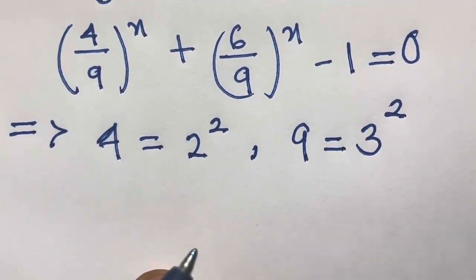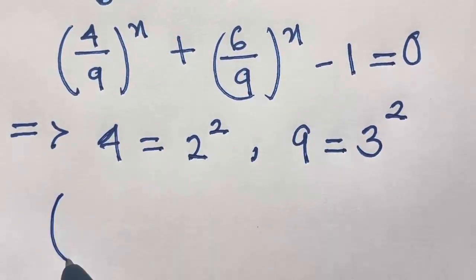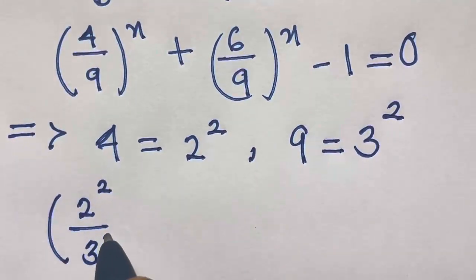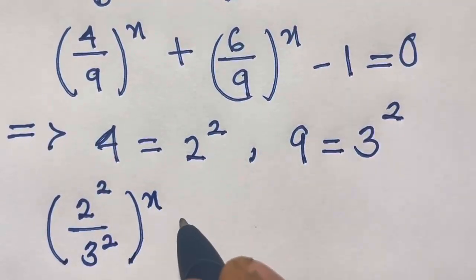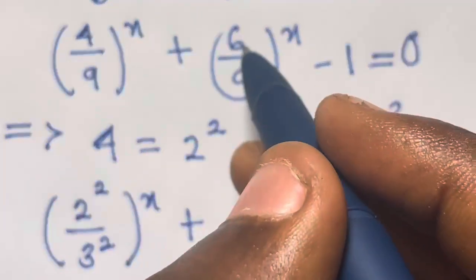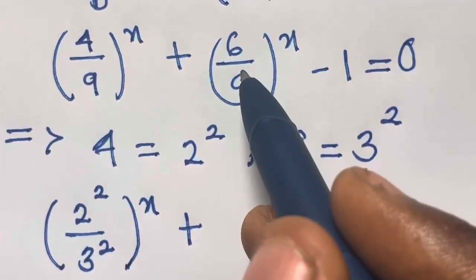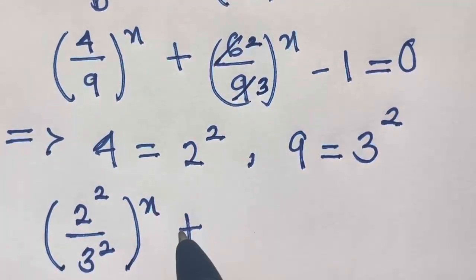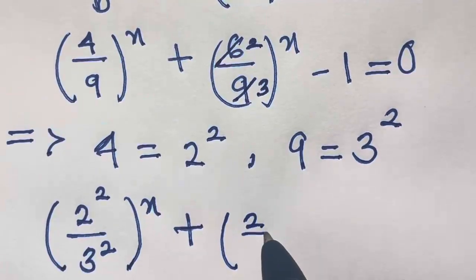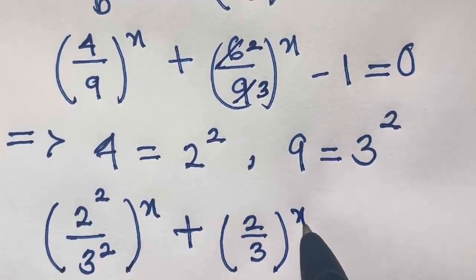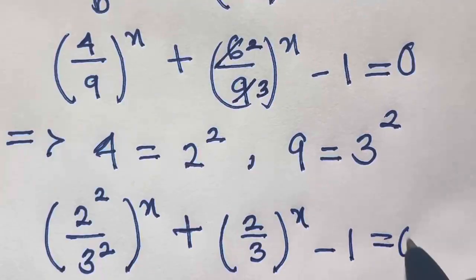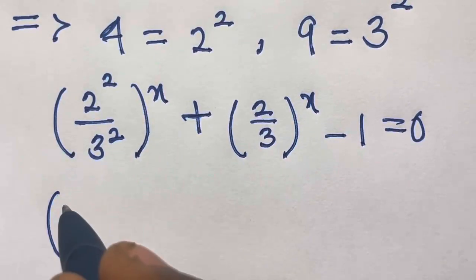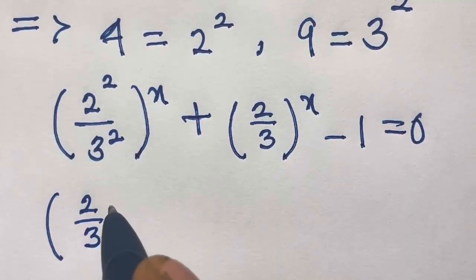Right, so we can express this as (2^2 / 3^2) raised to power x, plus here as well. We can simplify 6 over 9 as 2 divided by 3, so we have (2/3)^x - 1 equals 0.